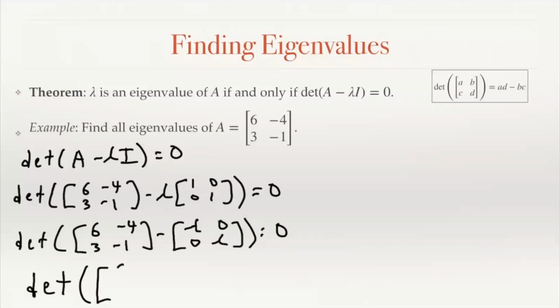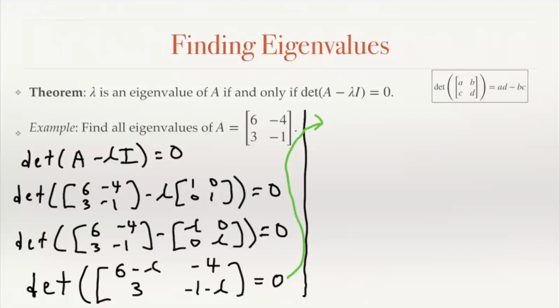So this is saying that we want the determinant of [[6 minus lambda, -4], [3, -1 minus lambda]] to be equal to 0. Okay, and at this point, we plug this matrix into our determinant formula. So the main diagonal minus the other diagonal, our ad minus bc, the thing boxed up here, would be the following. There is our ad, and then minus bc, which is negative 4 times 3. We want that determinant to be 0.